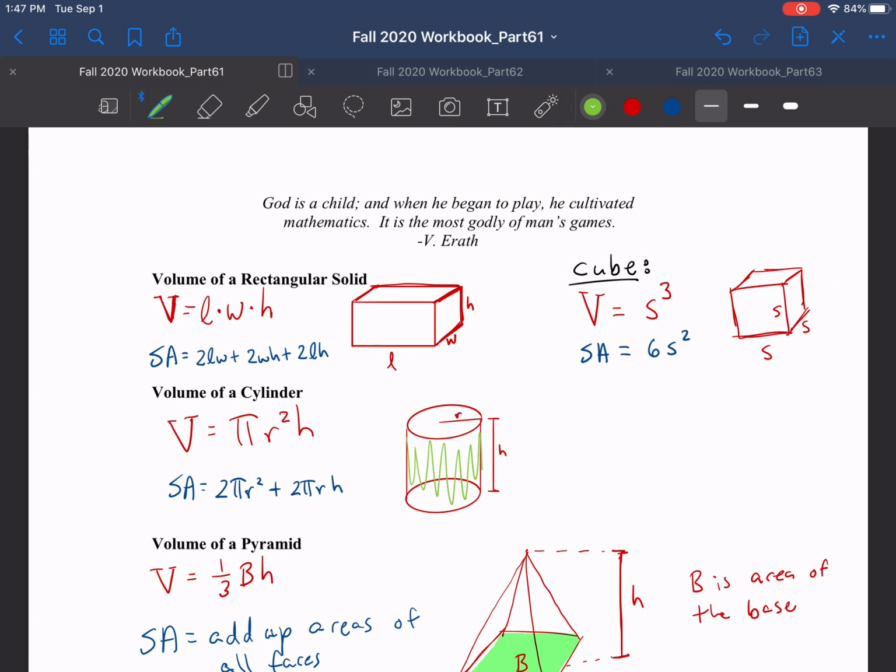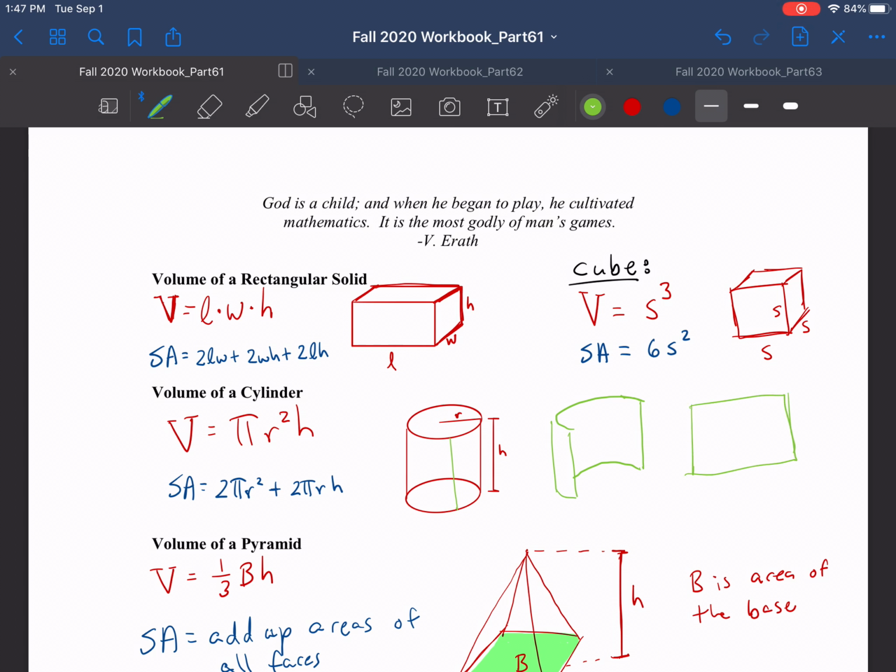And you can imagine if we took that sleeve and cut it down the middle, and started to roll it out like so, we could essentially roll this out flat and we'd have a rectangle.